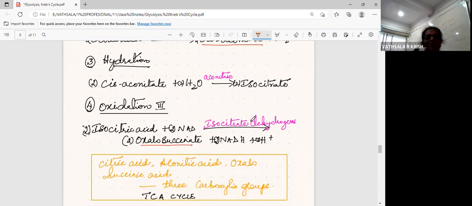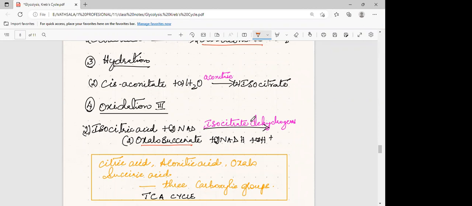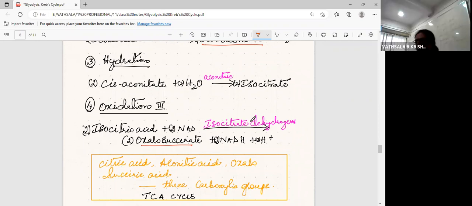So here isocitric acid, Vihan, answer. Isocitrate forms oxalosuccinate. It should be given, no? Please write this. What is given in your textbook? Show me once again.